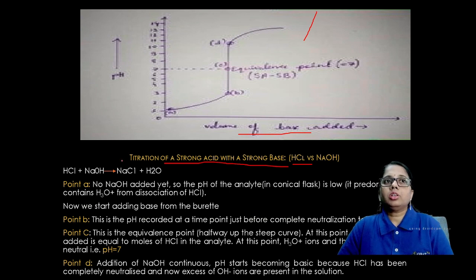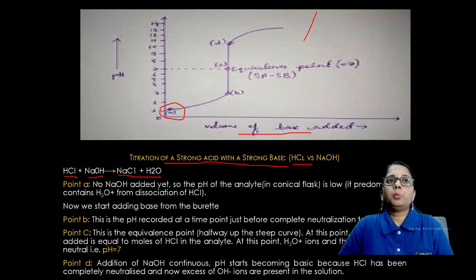So point A means no mL of NaOH is added, because here we have taken HCl in the conical flask and NaOH in the burette. A strong acid we are going to titrate with a strong base. It is going to give you the reaction of sodium chloride and water.